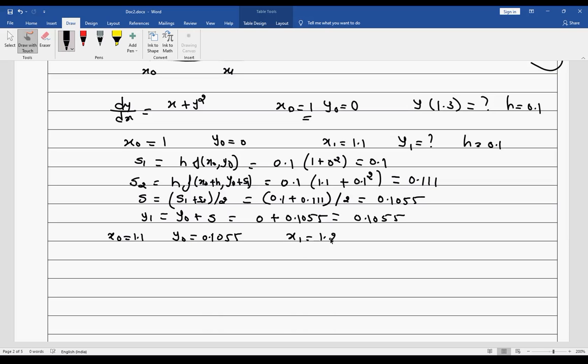My X1 will be 1.2, and for that I need to find out the value of Y1. So I will calculate S1 as H into F of X0 Y0, which will be 0.1 into X, so 1.1 plus Y square, 0.1055 square. Okay, so you can get the value of S1. Just let me know the value of S1.